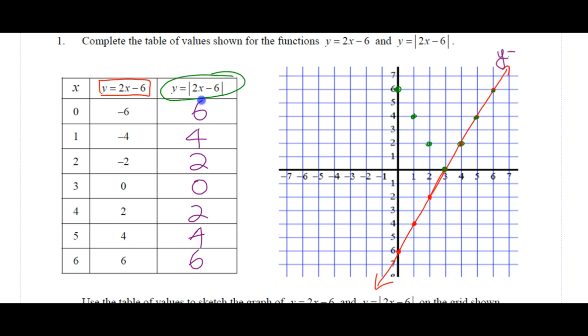This is y is equal to 2x minus 6, the red graph, and the green graph is y is equal to the absolute value of 2x minus 6. Let's do the red in red.